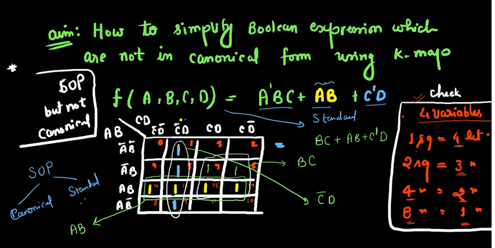So it is not always true that you have the Boolean expression in canonical form, that you can write in the sum of min terms form. It may be in some standard form where each term does not contain all the literals. This is how you can represent the Boolean function in standard form. Of course, it is in SOP, sum of product form, but not each term contains all the literals.